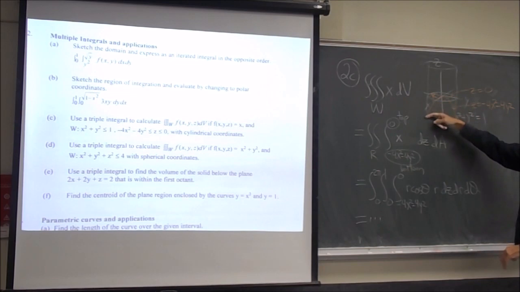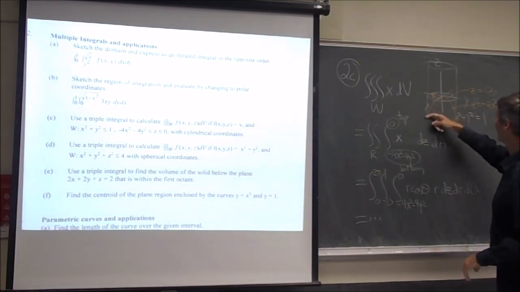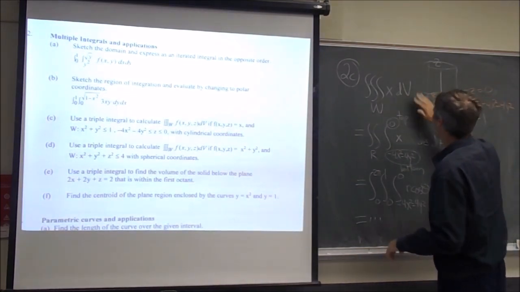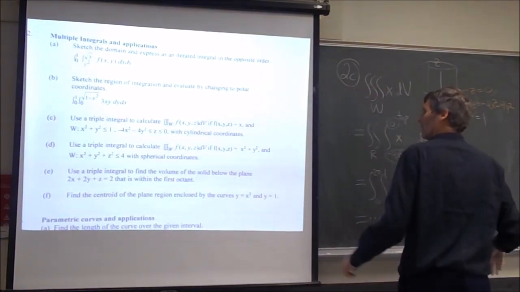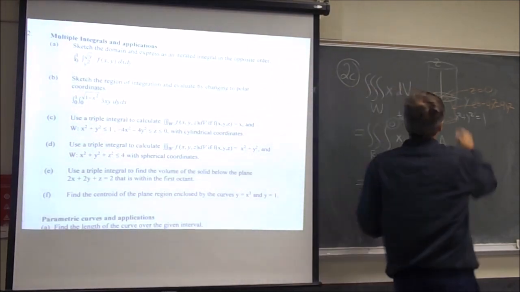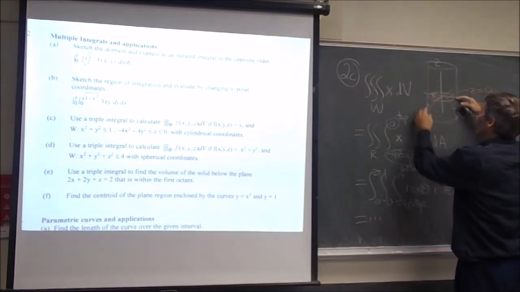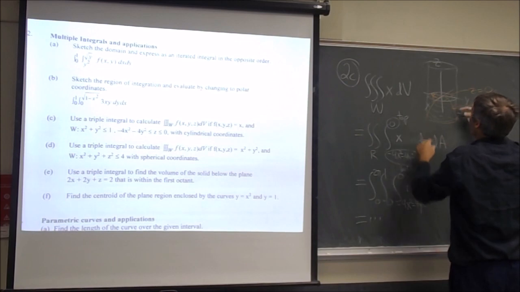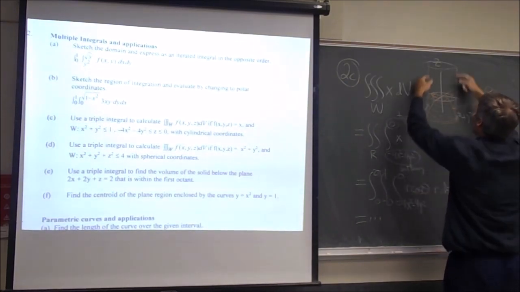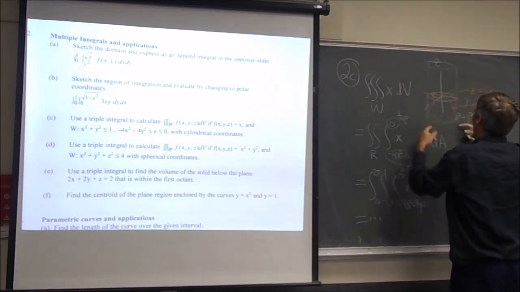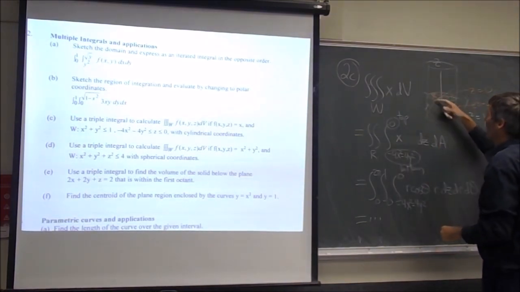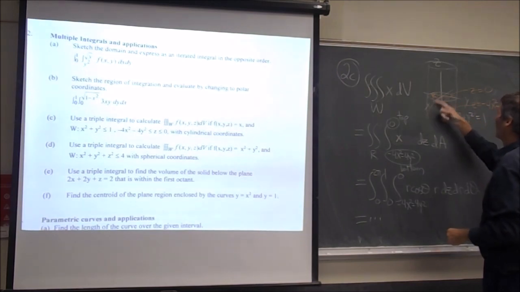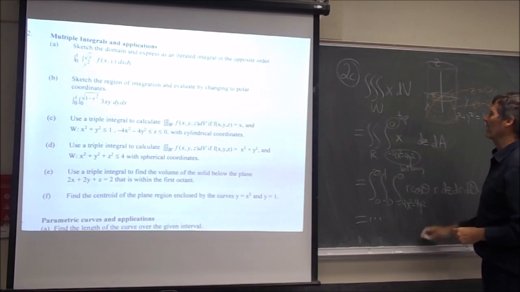It looks like this, just from our quadratic surfaces. z equals 0 is a plane, and x squared plus y squared equals 1, if I put equals on this one, is a circle in the xy plane. In 3 dimensions it is therefore the right circular cylinder that extrudes that circle up and down to create this cylinder. So I want to be inside the cylinder, below this plane, and above this circular paraboloid. Once I see that picture, now I know how to integrate it.